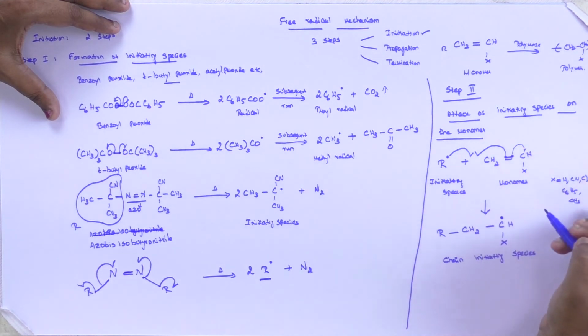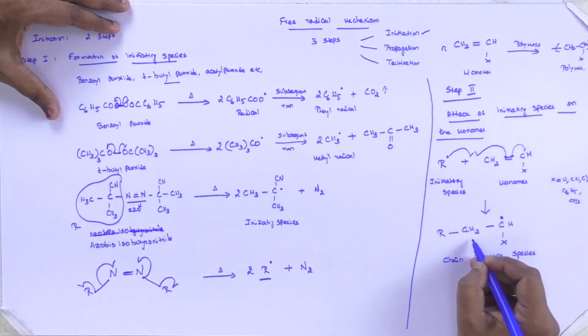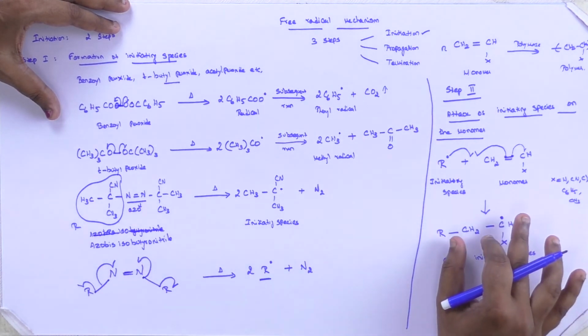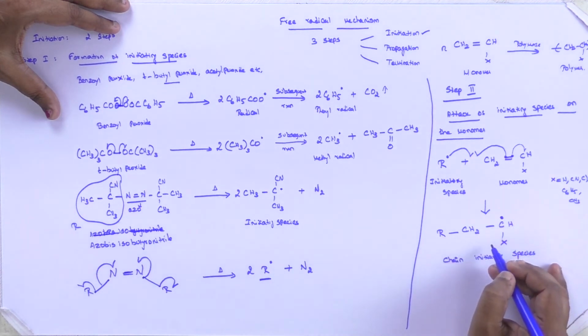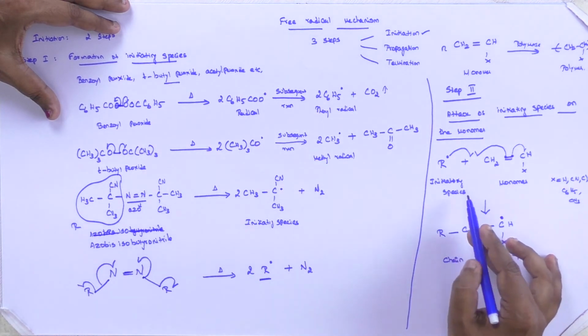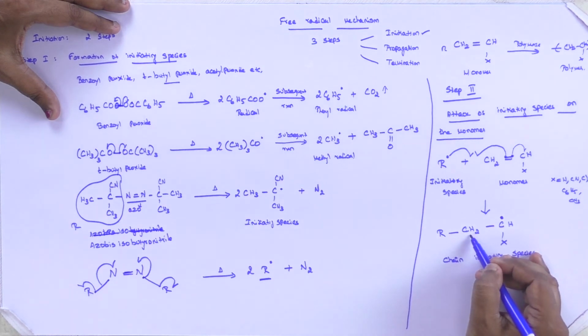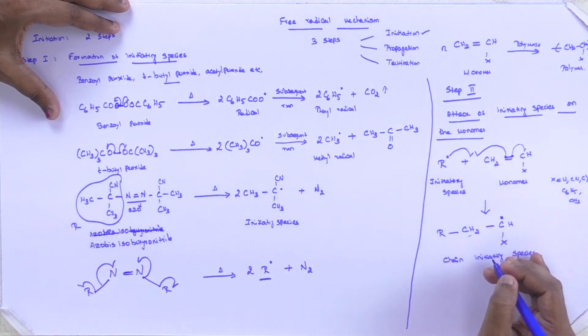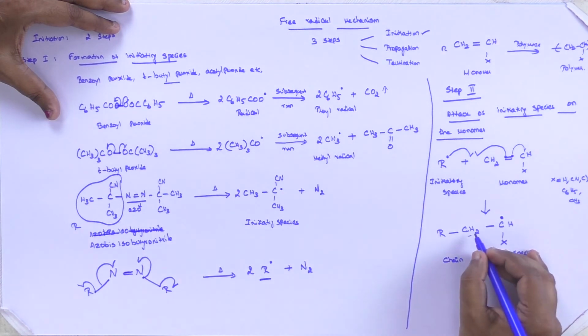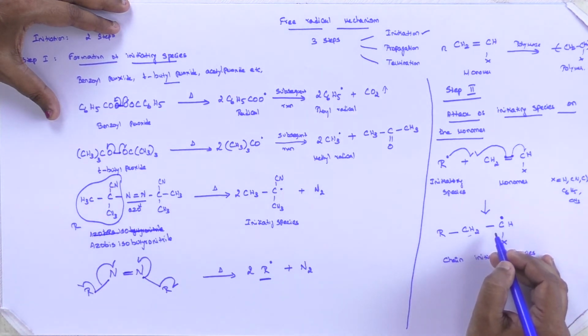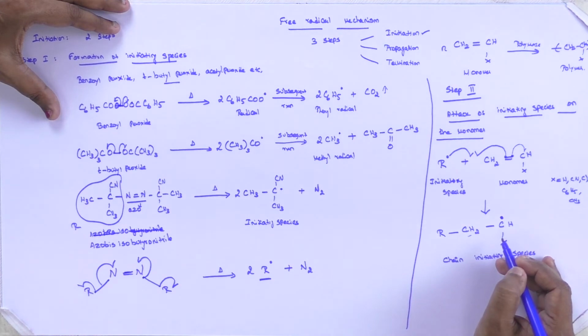All varieties of monomers can be polymerized by using this, and the chain grows, and a more or less stable radical like this will be formed. Since carbon radicals are stabilized by substitution of many kinds, the preference for head to tail is understandable, and most of the monomers will undergo only free radical polymerization.